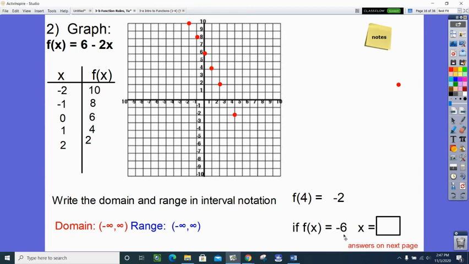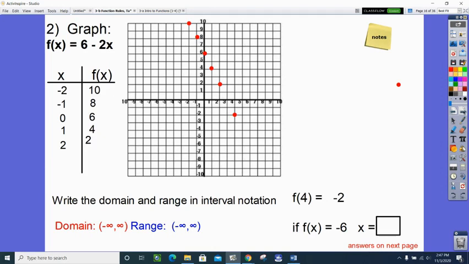All right, now here's the opposite question. If y, or if f of x rather, is -6, then what would the x be to give you that? Sometimes we can look at the graph, and otherwise we would do the algebra. We would take -6 and substitute it in for f of x and solve for x, the two-step equation.